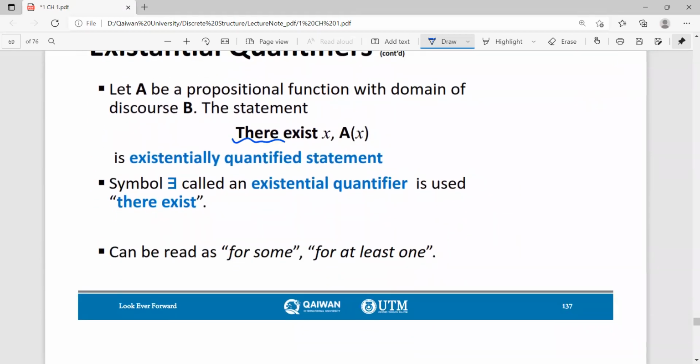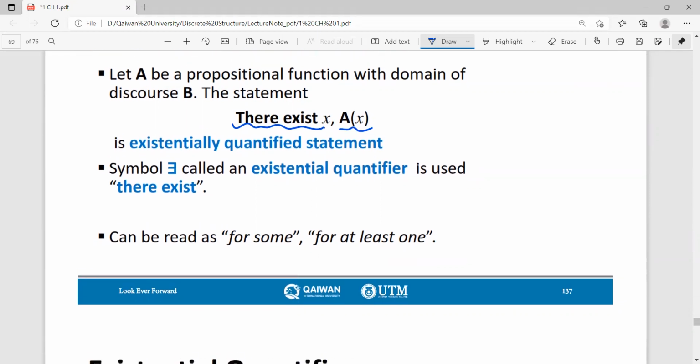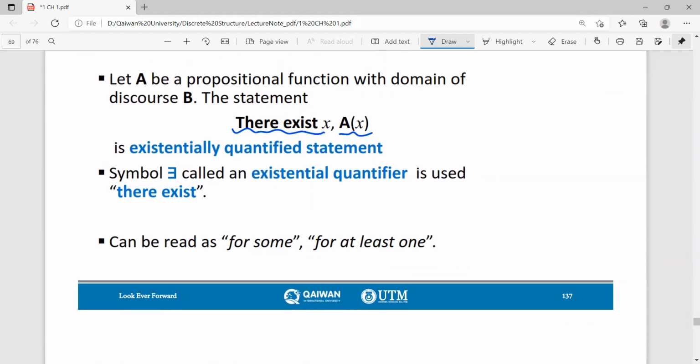Here, there exists x, A of x. That means there is at least one point in the domain which satisfies the proposition A of x, and then the statement is true.